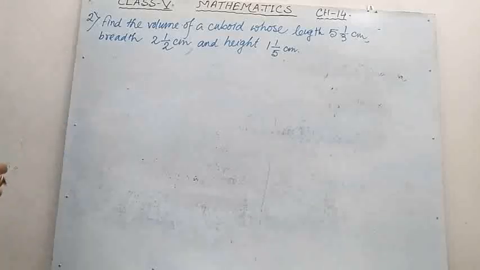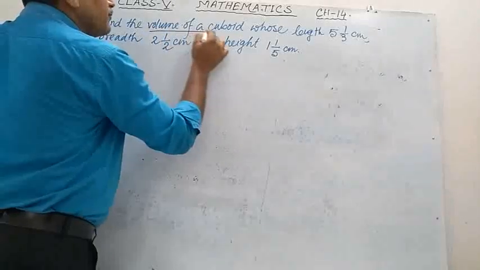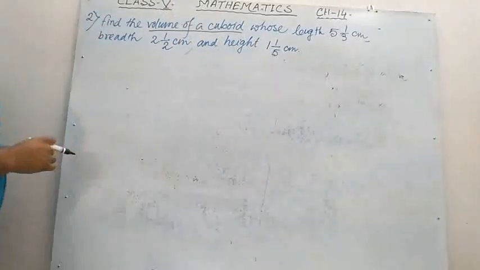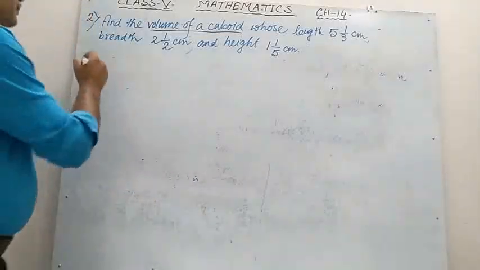So, how can we solve it? We have to find the volume of a cuboid. The formula is length into breadth into height.